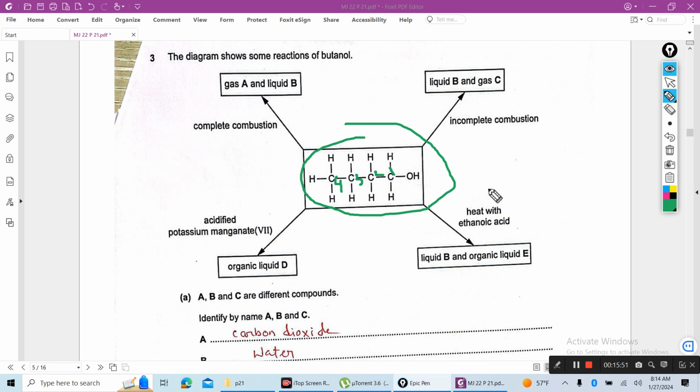A 4 carbon containing alcohol, you know, this is butanol. In complete combustion, alcohol gives carbon dioxide and water, liquid B being water. Incomplete combustion gives water and gas C, which will be carbon monoxide. You know, in incomplete combustion carbon monoxide is produced.